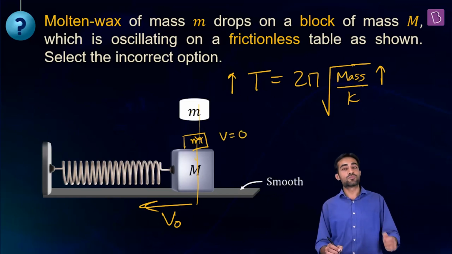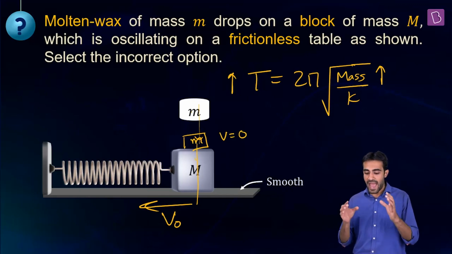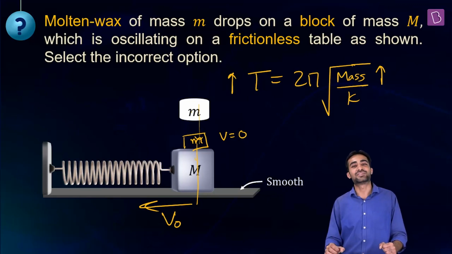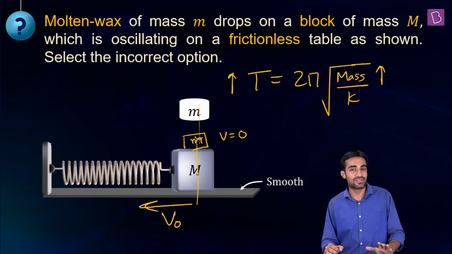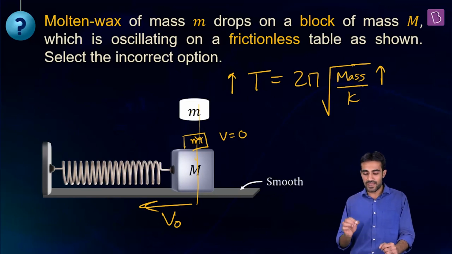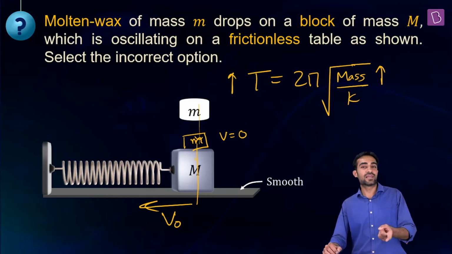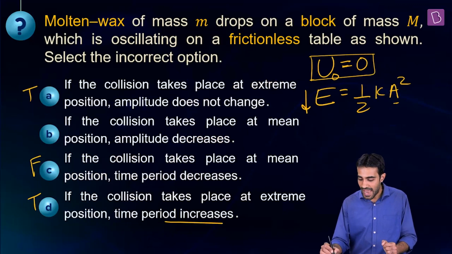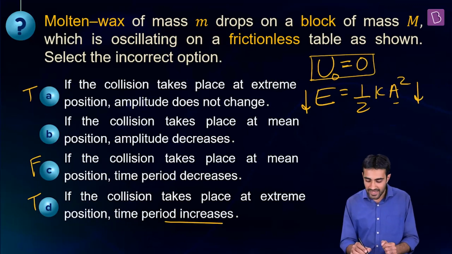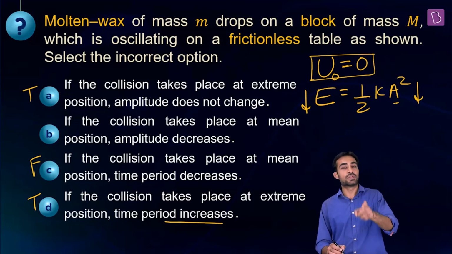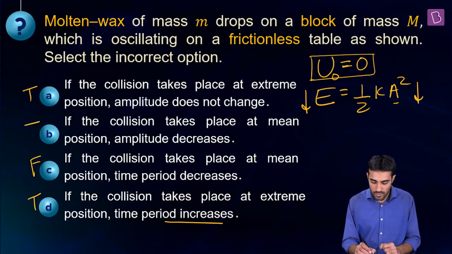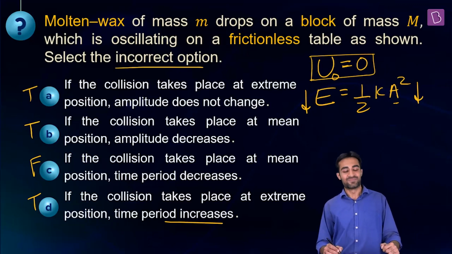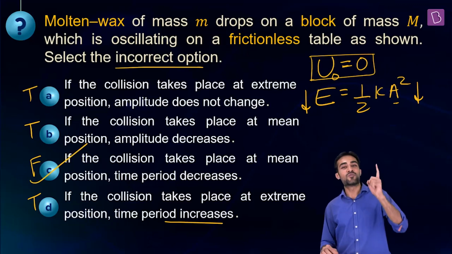In case of inelastic collision, there is a decrease in kinetic energy, an energy loss. If there is a decrease in energy, there is a decrease in amplitude. So B, which said if the collision takes place at the mean position, amplitude decreases, is perfectly true. So A, B and D are true and C is false. And we had to pick the incorrect option, so we pick C as the answer for our question.